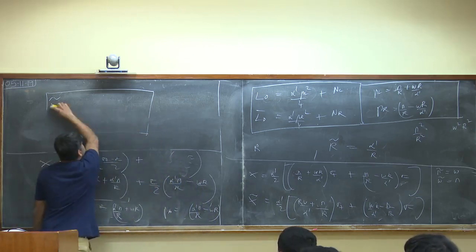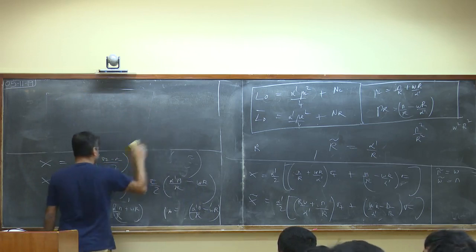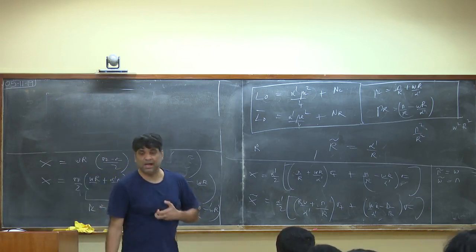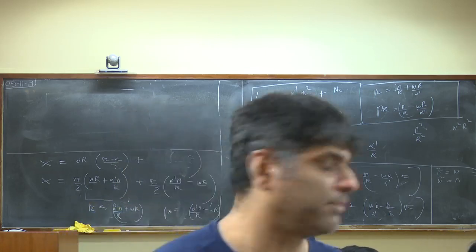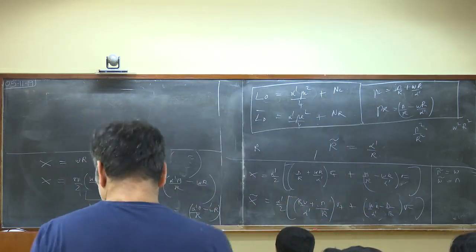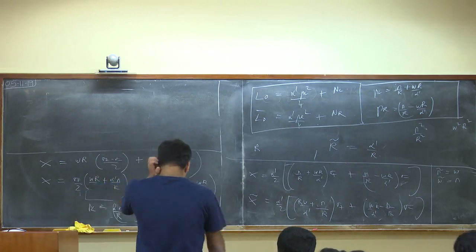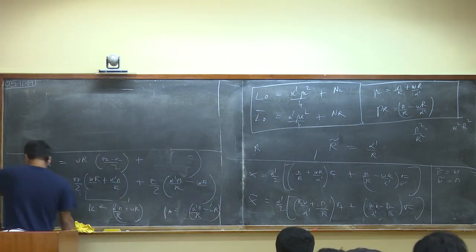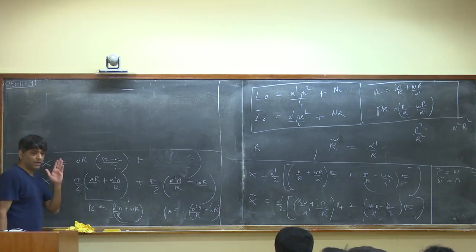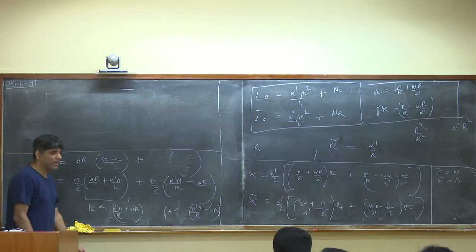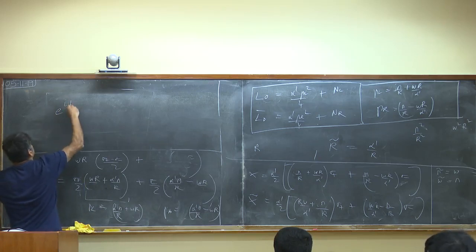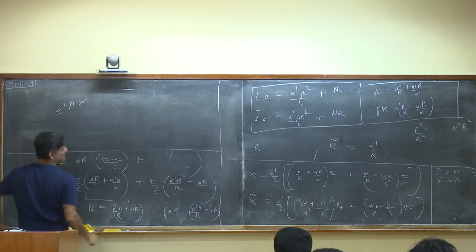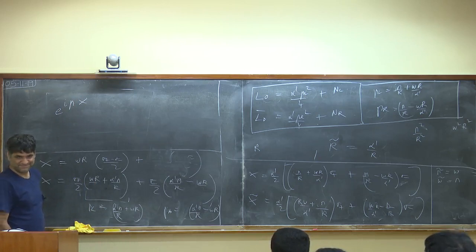So let's move on. Now, there are two things we want to say about this. The first is about vertex operators. You remember that for the bosonic string, we had vertex operators, which we had written as e to the power i k x.